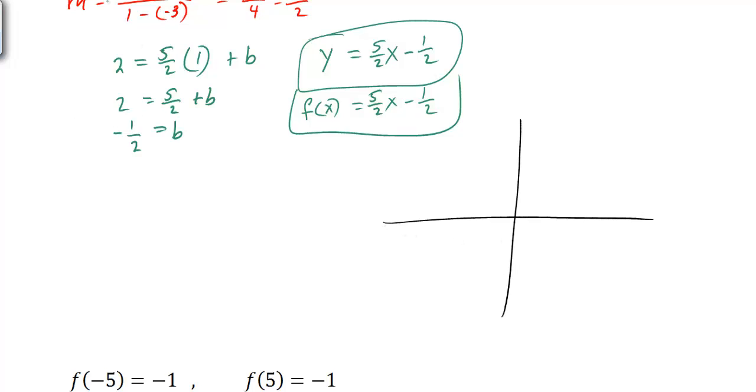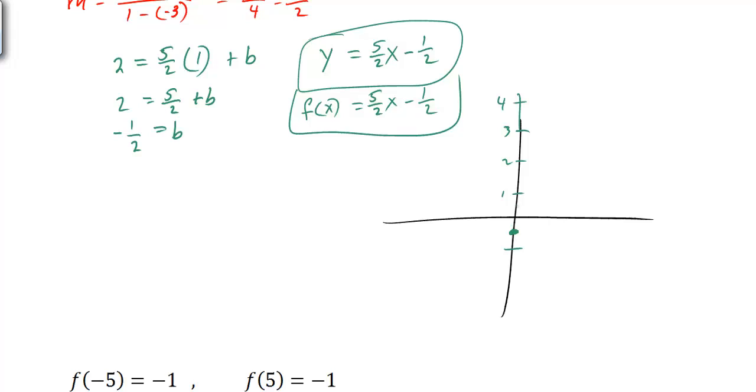We know that the y-intercept is negative 1/2, so if this is 1, we would be here at negative 1/2, and then our slope is 5 over 2.